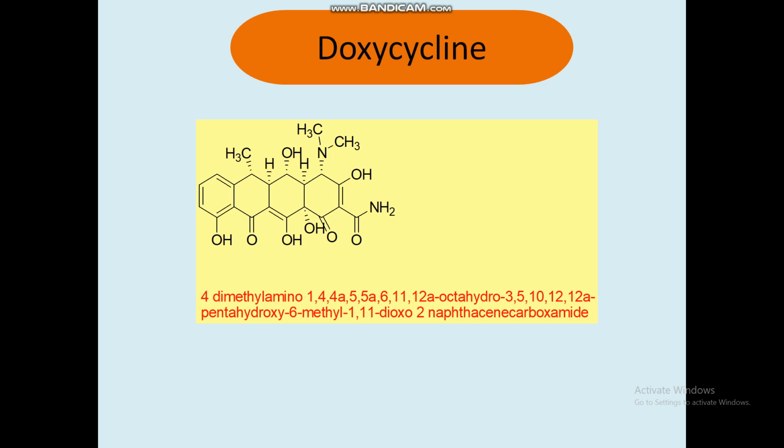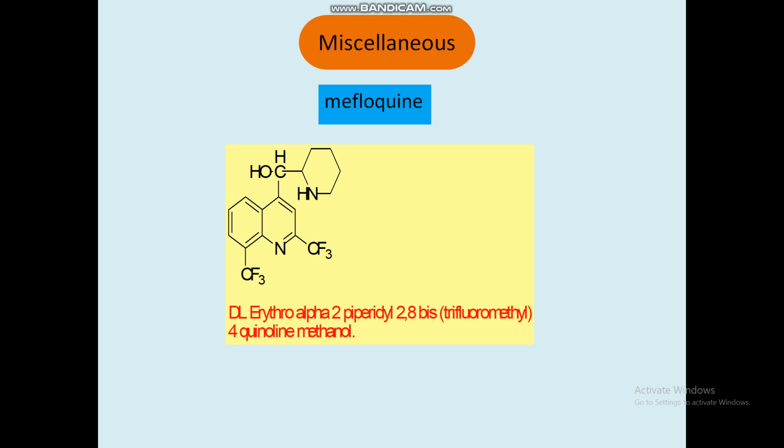It is the best tetracycline against anaerobes, in the absence of oxygen. It is the first choice for prophylaxis of travelers' diarrhea, commonly caused by enterotoxigenic E. coli.